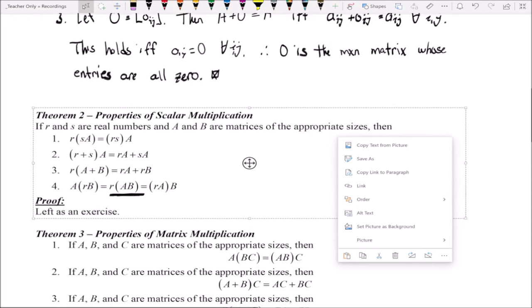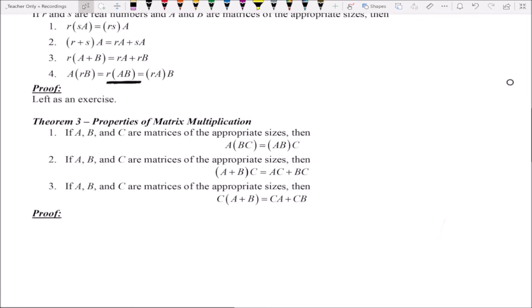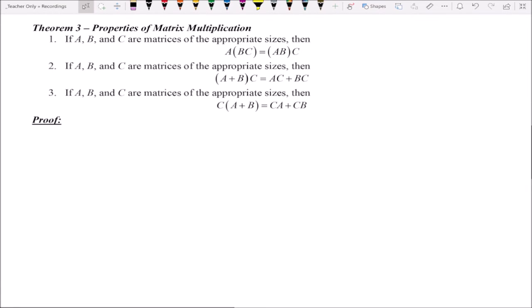Let's now look at properties of matrix multiplication. First one, if A, B, and C are matrices of the appropriate sizes, then A times (BC) is equal to (AB) times C. So this is saying that matrix multiplication is associative.